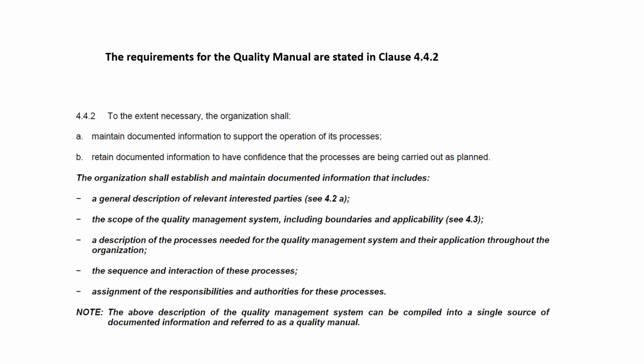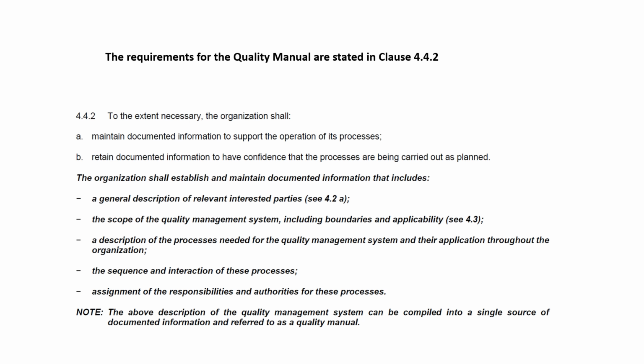As it says in AS9100D 4.4.2, the organization shall establish and maintain documented information that includes: 1. A general description of relevant interested parties. 2. The scope of the quality management system, including boundaries and applicability. 3.